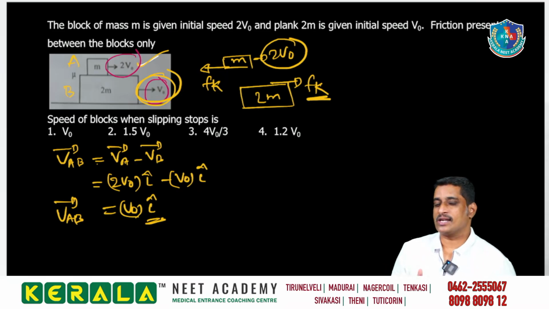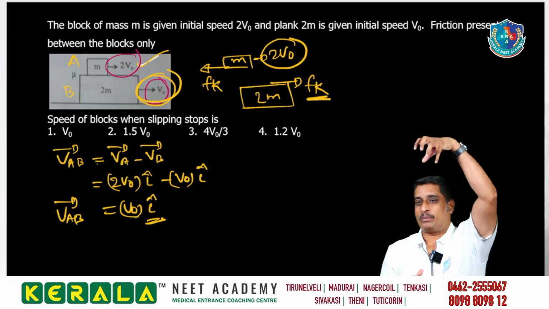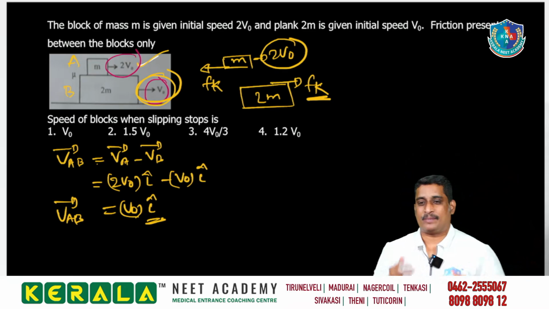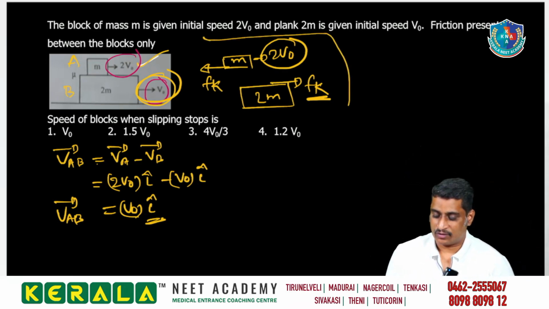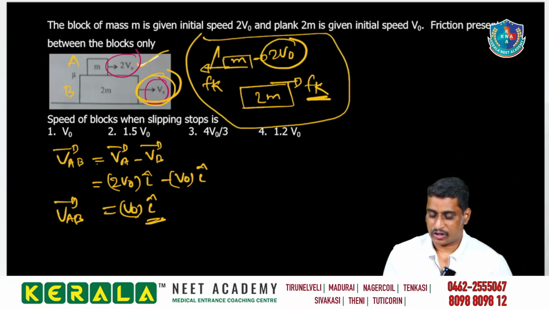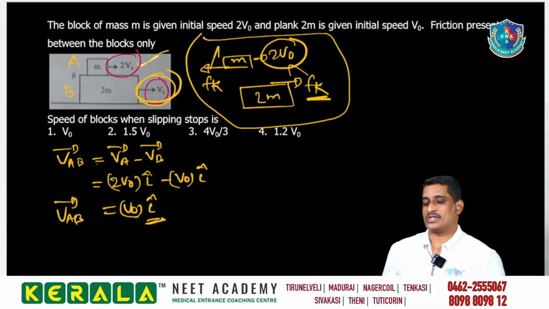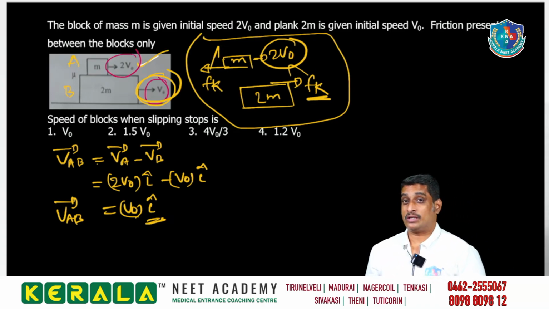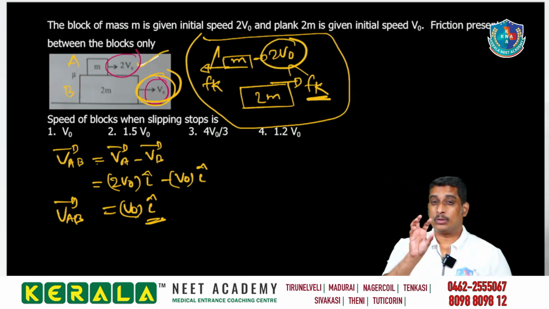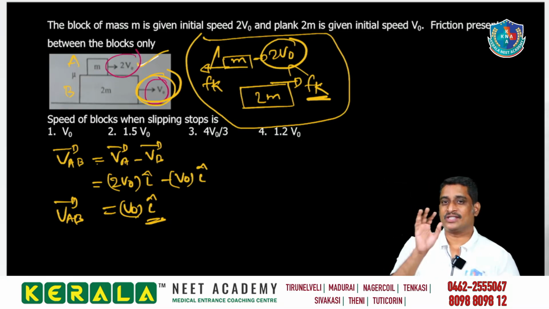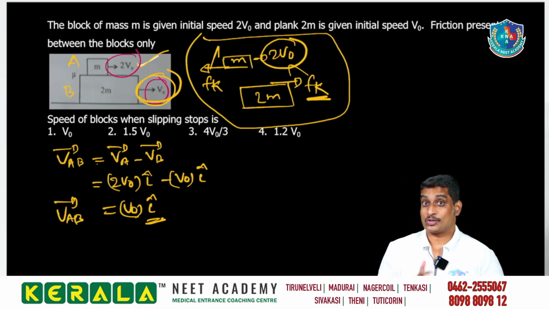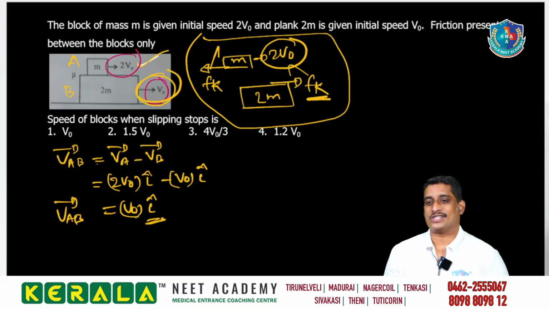In this example, when we take the upper block and lower block together as the system, these frictional forces become internal forces and they cancel with each other. Therefore, the total momentum of the system remains constant, as the system is totally free from external forces.